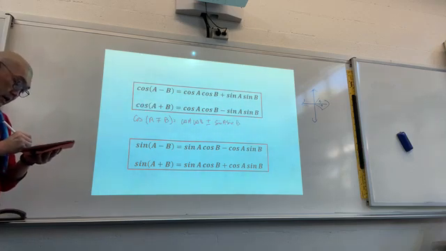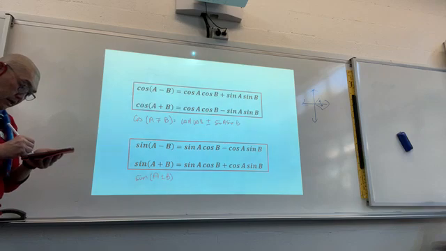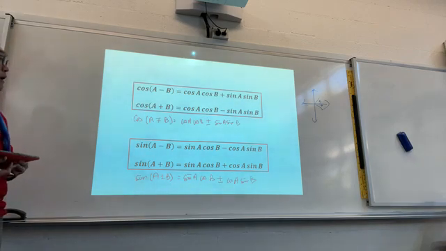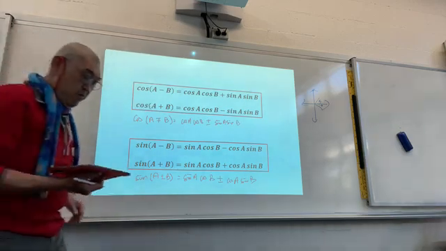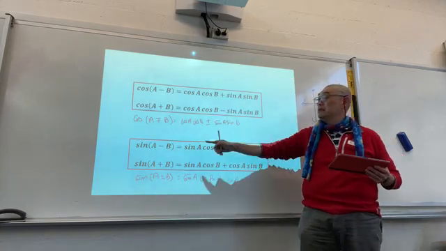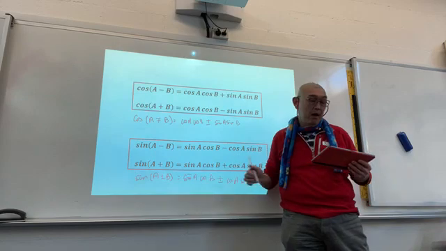And then sine A plus or minus b equals sine A cos b plus or minus cos A sine b. Alright? They are the same. Remember, for cos, if it is minus, this will be plus. Plus will be minus. Whereas for sine it's plus, minus and minus.